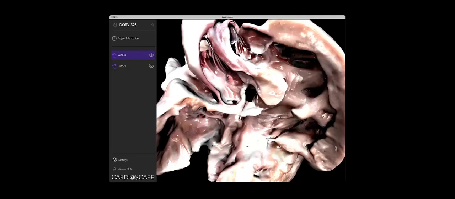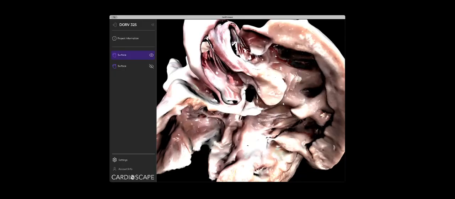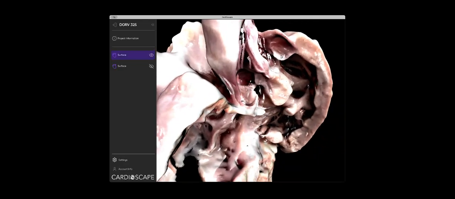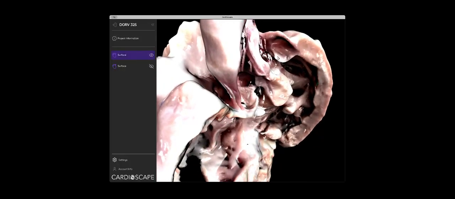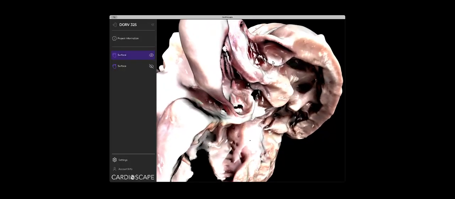We'll return our attention to the right ventricle now. And here we do see a pretty prominent pulmonary infundibulum. And here is the pulmonary valve. And it's hard to tell from the scan, but knowing this specimen and having dissected this specimen, this is in fact a 2-leaflet, 2-sinus pulmonary valve here.